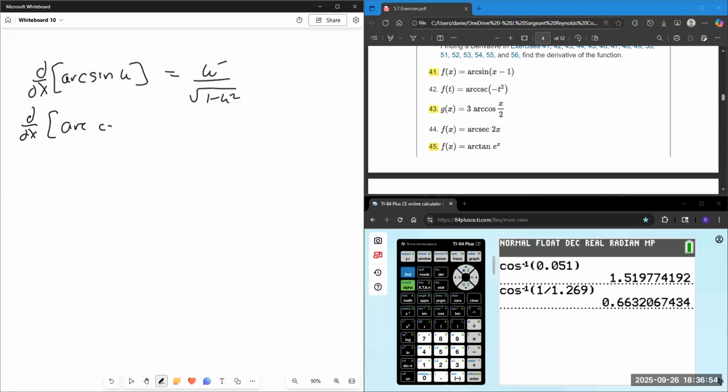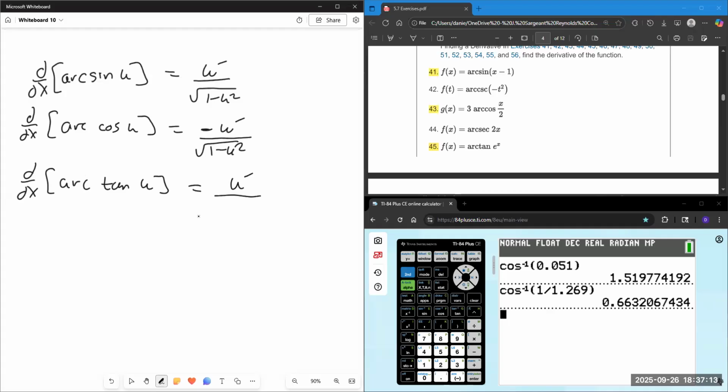Arc cosine of u is exactly the same thing, but it's negative. Arc tangent of u is u prime over 1 plus u squared. Arc cotangent of u, same thing but negative.